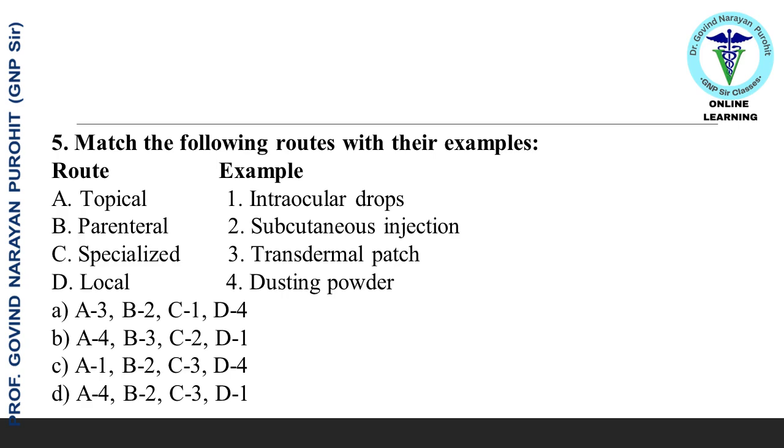B. A4, B3, C2, D1. C. A1, B2, C3, D4. D. A4, B2, C3, D1. Correct answer, D. Explanation. Topical drugs include powders, parenteral involves injections, specialized routes include patches, and local application includes intraocular.